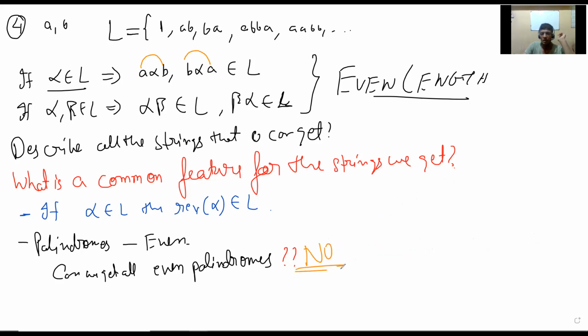Okay. But from here you see that what you get are the ones with equal number of A's and B's, right? So all strings in L have equal number of A's and B's.